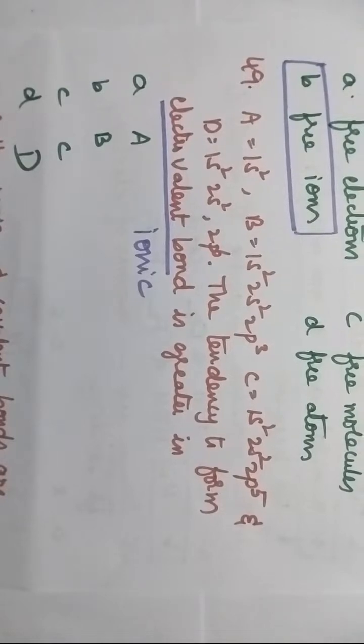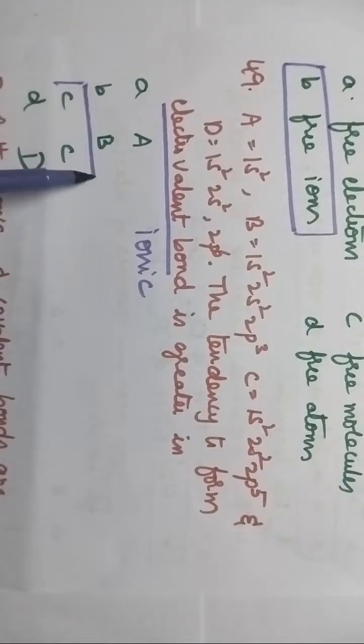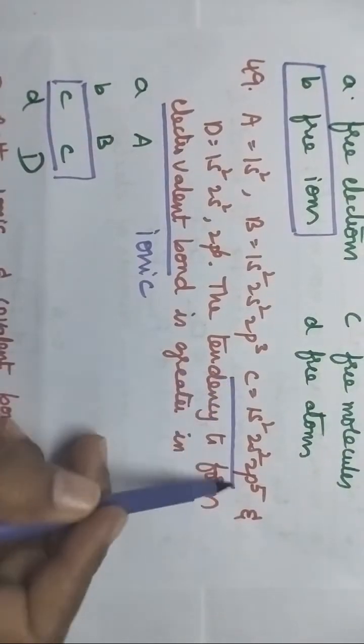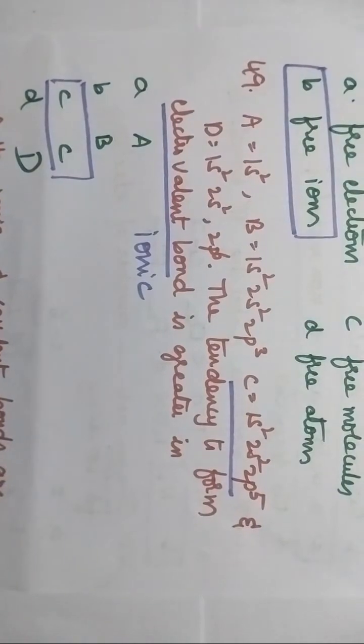Very good, Banu. Very good, Tilak. Option C is the right answer. This is the configuration of the halogen, short of only one electron. So it will have greater tendency to form ionic bonds.